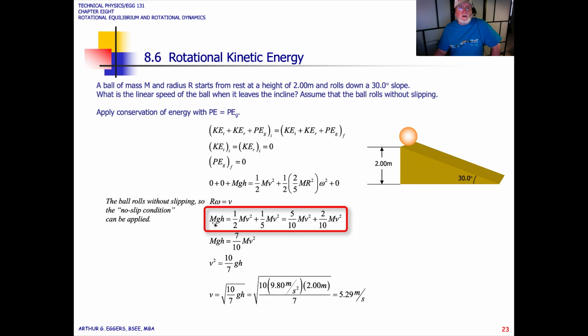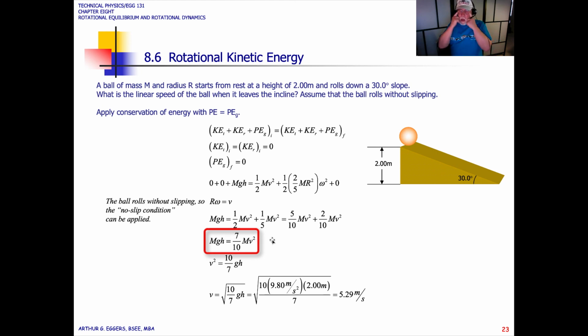So first off, I'm going to solve for the mass times the gravity times the height, and that's going to give me 1/2 mv squared plus 1/5 mass times velocity squared is equal to 5/10 mass times velocity squared plus 2/10 mass times velocity squared. What did I do here? I created a common denominator. 2 and 5 gives me a common denominator of 10. So MGH is equal to, okay, because there's our MGH on the left side here, 7/10 mass times velocity squared.